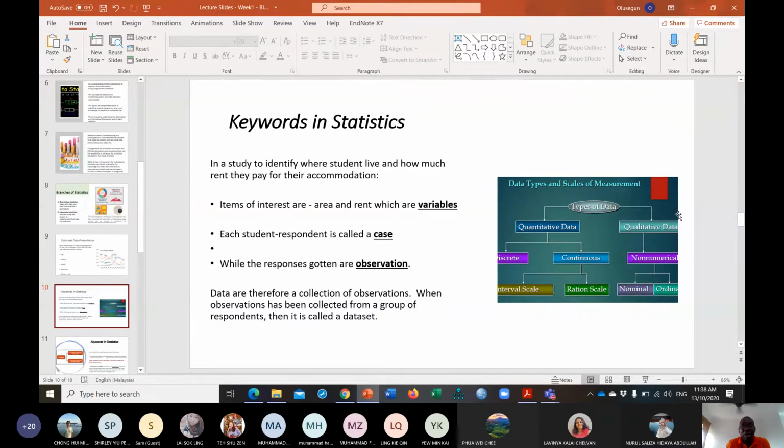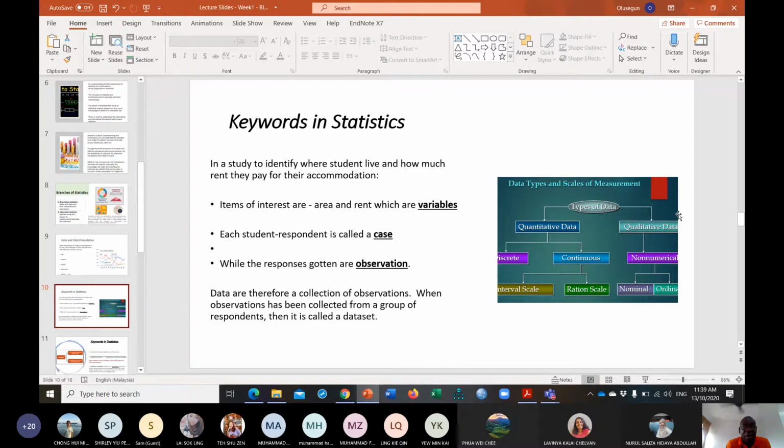Items of interest, that means whatever you want to study, is what we call a variable. So all these variables we want to collect. For example, in the last slide, I talked about age, income, education. All these are variables that can affect another variable. So these are items of interest in statistics.